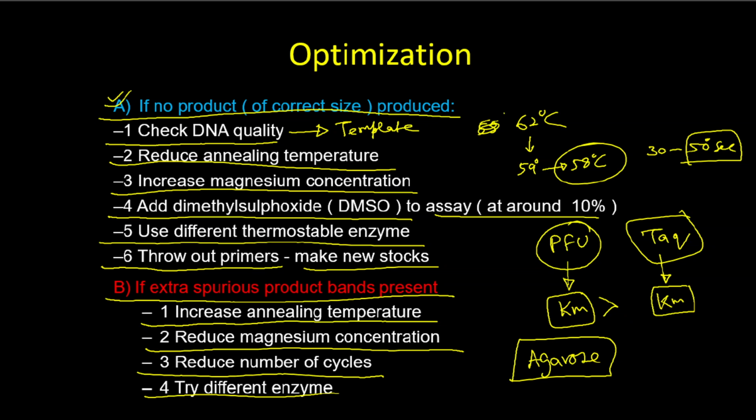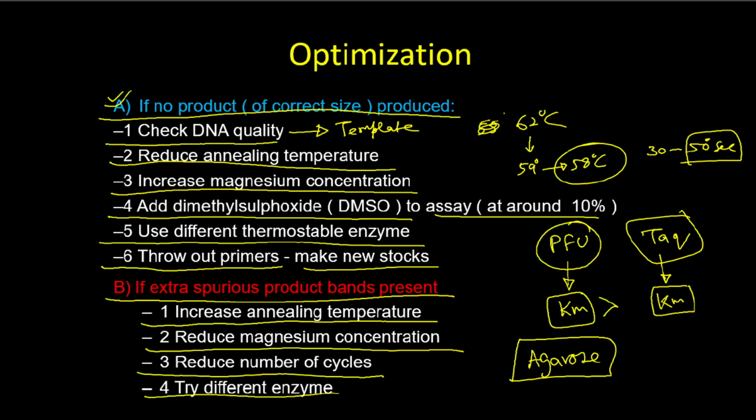So for that, what we have to do is check the quality of the DNA, reduce the annealing temperature, increase magnesium ion concentration, or add DMSO also, up to 10% only, use different thermostable enzymes, and if still these things won't work, then you have to make new primers.